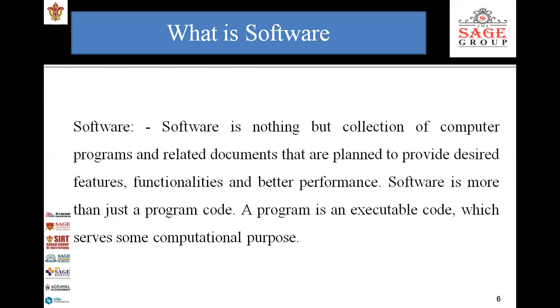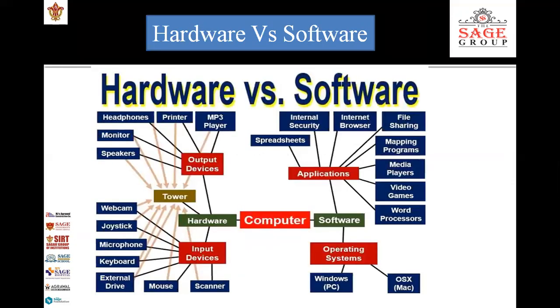So in next slide, I will discuss what is the software and hardware. Basically, I will explain you the difference between the software and hardware. On the hardware versus software, the diagram is given below. The left side part is the hardware and the right side is the software. In hardware, there will be headphones, printers, MP3 players, monitors, speakers.